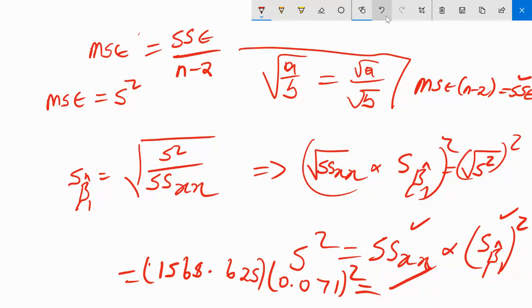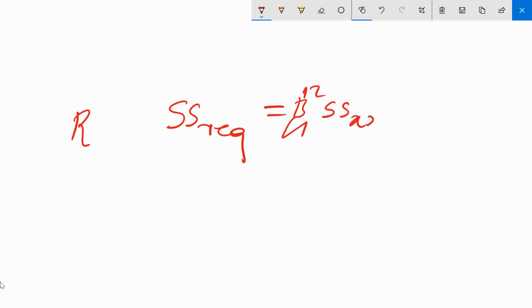From the given information, it was easy to get SSREG. I used the same approach. To get SSREG, it's beta 1 squared times SSXX. So this was given, you get that. Then this is equal to MSREG. So now you have MSE and SSREG.